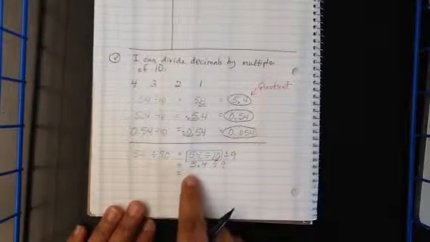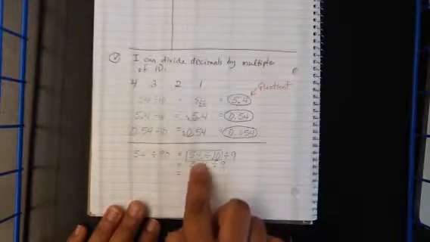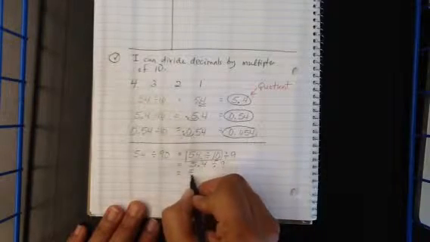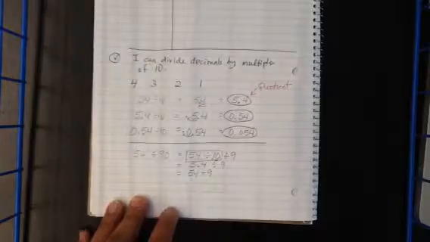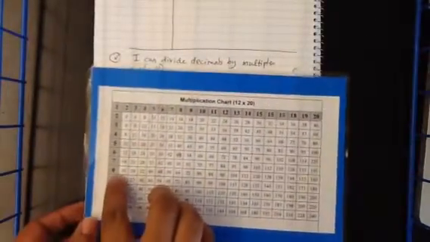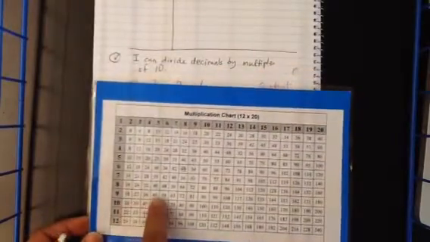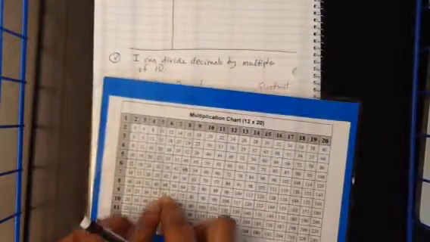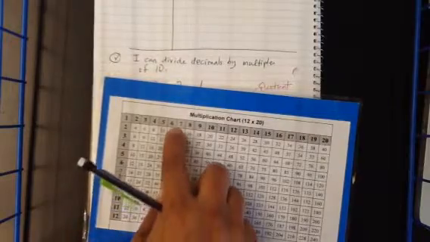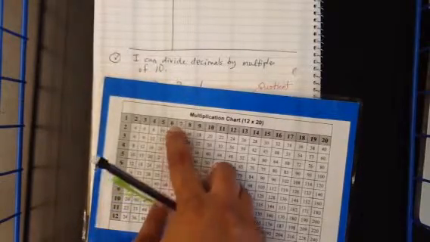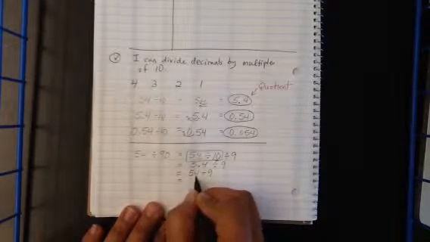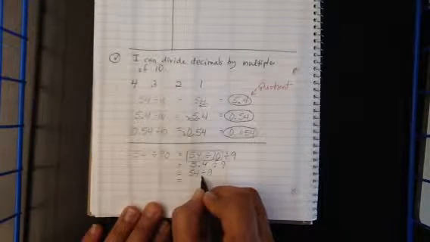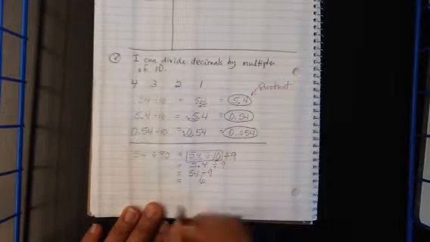Well, one of the strategies I taught you in class is take our decimal away, and we end up with 54 divided by 9. And our next strategy is, well, 9 times table. Let's go ahead and find our 9 times table, and let's find 54. Sometimes it works perfectly for us. There's 54, and our other factor is 6. So 6 times 9. So we know 54 divided by 9, according to our table, is 6.